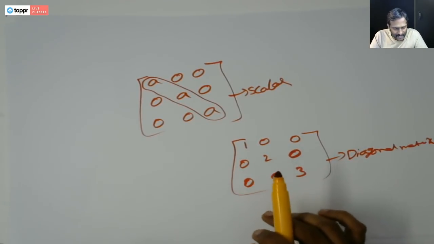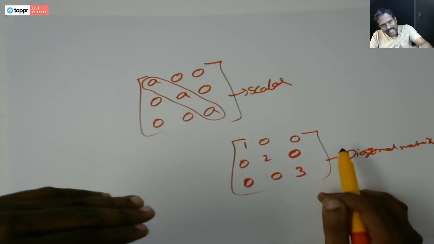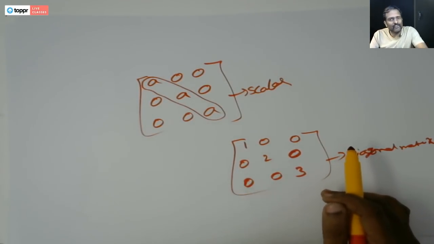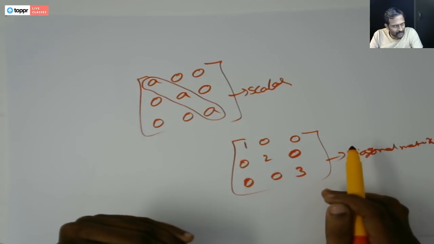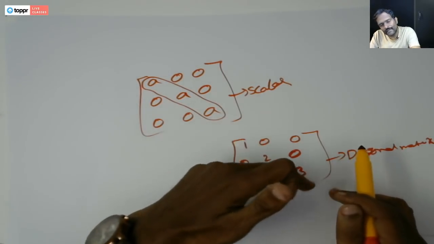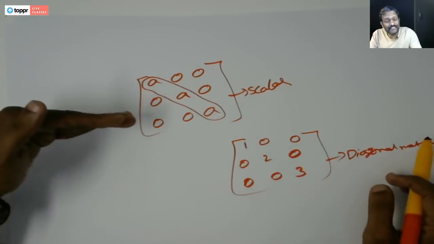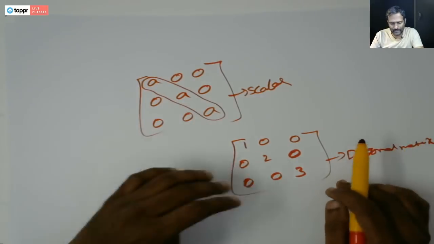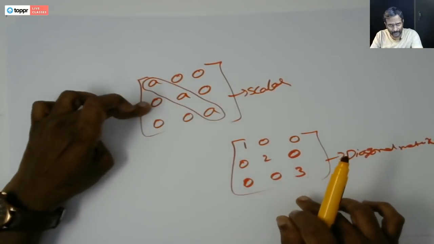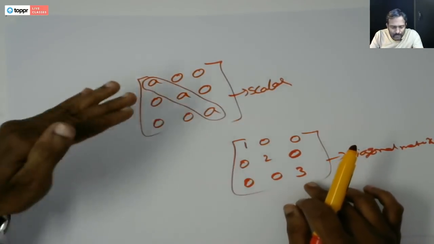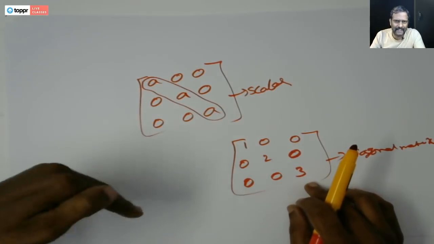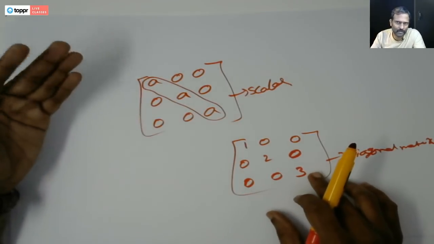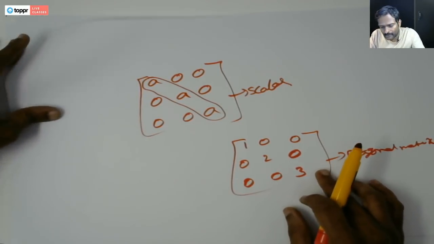So a matrix is a diagonal matrix if the principal diagonal has non-zero elements and the remaining all elements are 0, and the diagonal elements are not equal, they all are different. And a scalar matrix is again a diagonal matrix in which all the elements in the diagonal are equal. This is also a diagonal matrix, right? But it has one more special property, an added property, which is that all the elements are equal. So it is given a special name called scalar matrix. Got it?